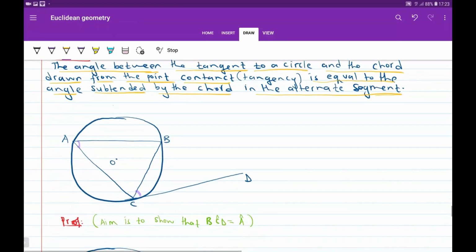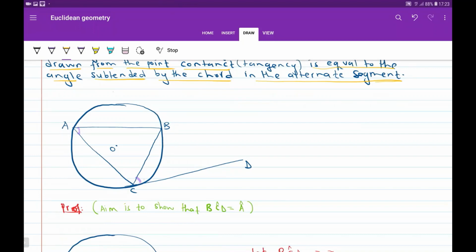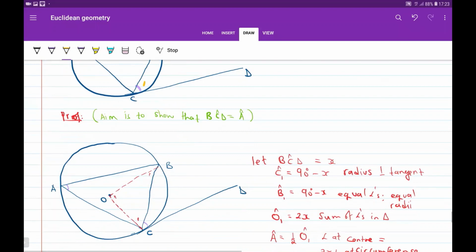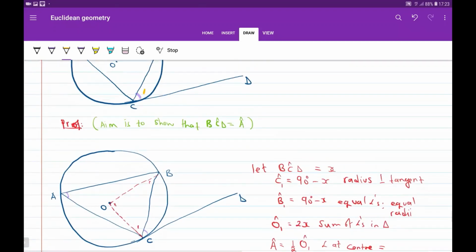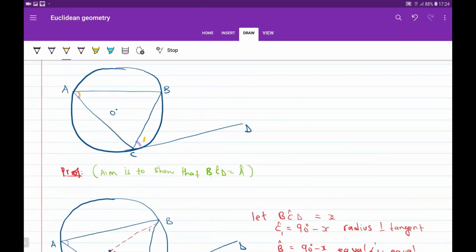And this is the diagram here. So our angle C1 should equal angle A. This is the tan chord theorem, and the aim for the proof is to show that our angle C1, which is BCD, equals angle A.